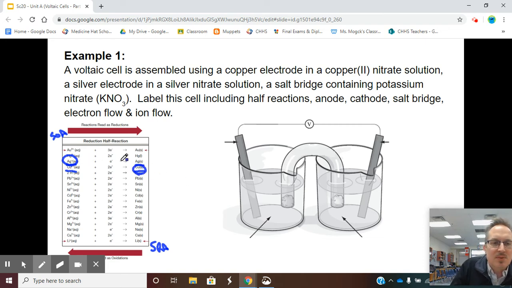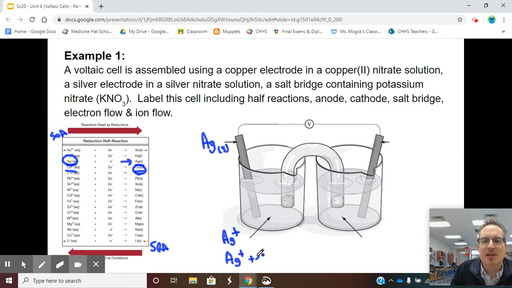So I am going to write this reaction going this way. And so I'm just going to throw my stuff in right now. So I have a half reaction. Here it is, Ag solid. My solution is going to be Ag positive, and I'm going to copy my half reaction from left to right. So this is Ag positive plus an electron goes to Ag solid.